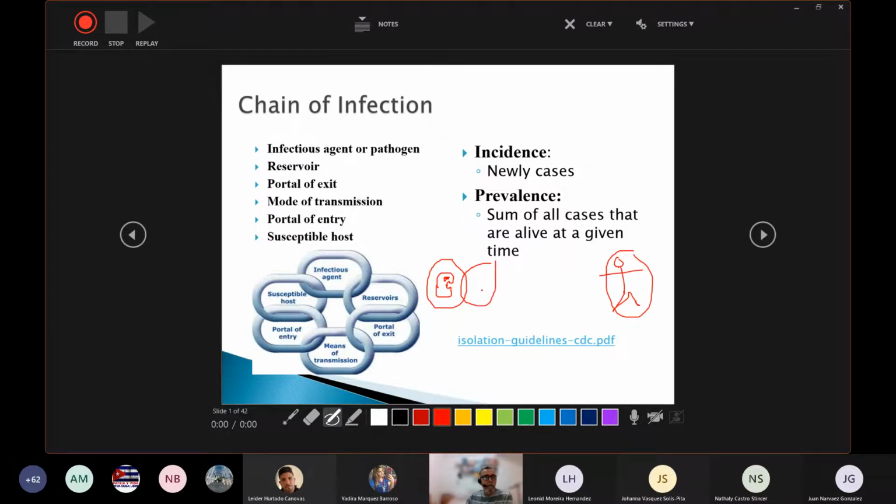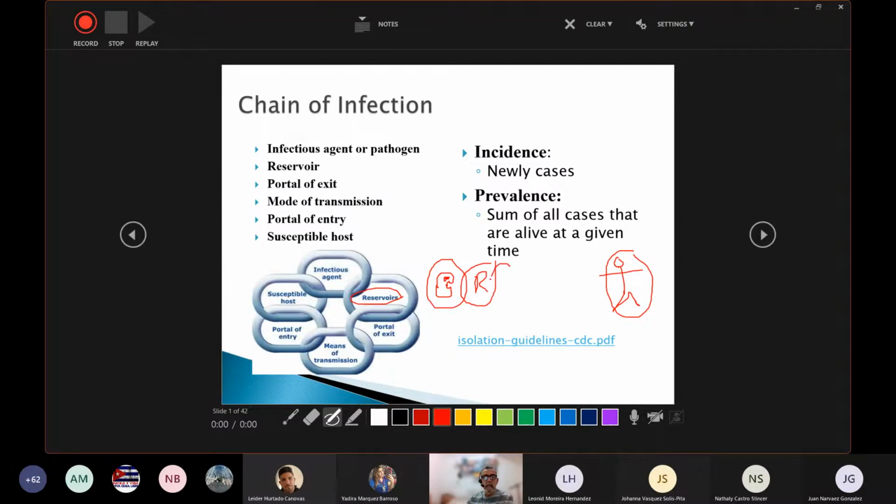It needs to be living someplace, even under a bridge, could be homeless, but needs to be living someplace. Usually bugs live in other people, in animals, in the water, in the soil. So there is an environment where the bug is living, and it is called the reservoir of the agent.